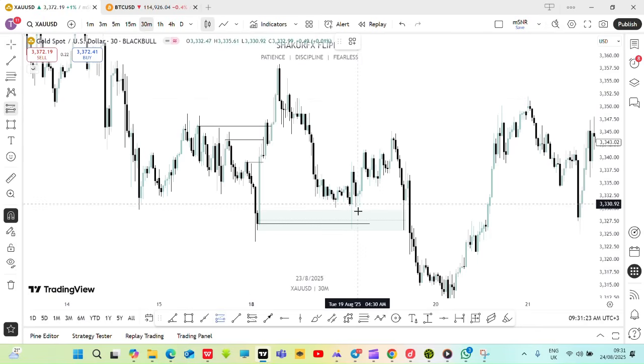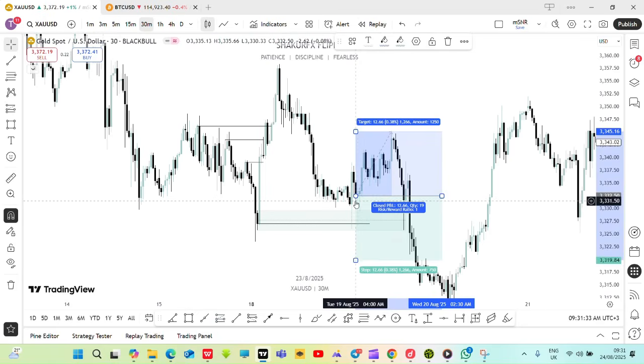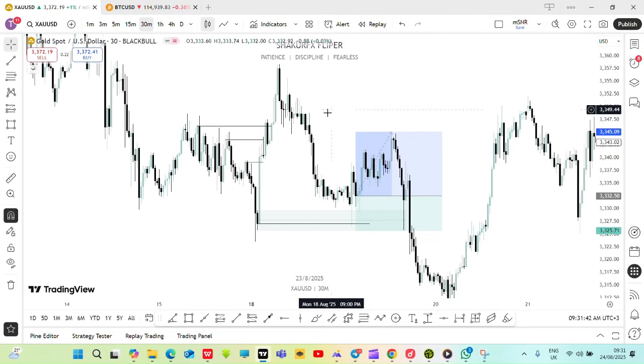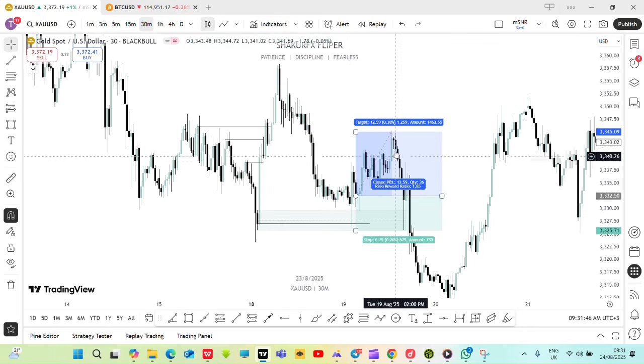It didn't go that far, but remember, we target the nearest roadblock. So here I think I'll enter around there. Stop loss always below the zone, and then my nearest roadblock was this, because you remember the compression setup, and you see how price was moving.